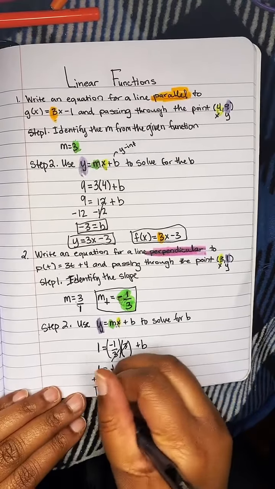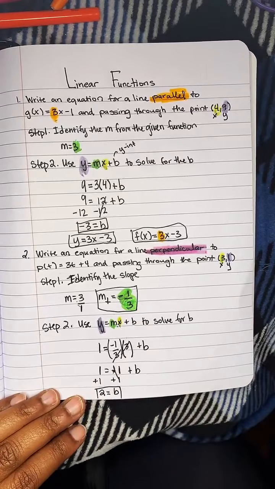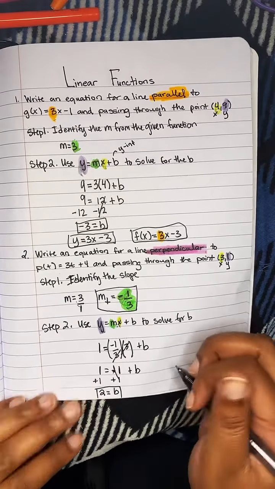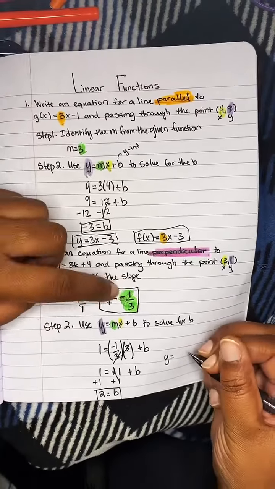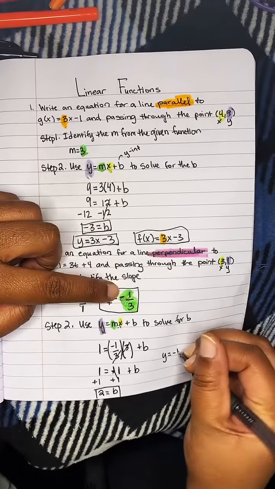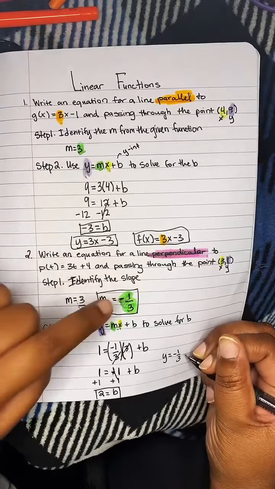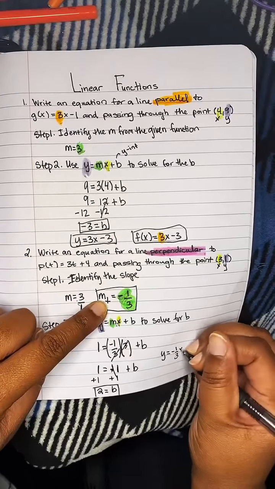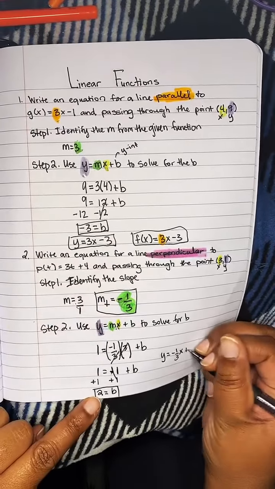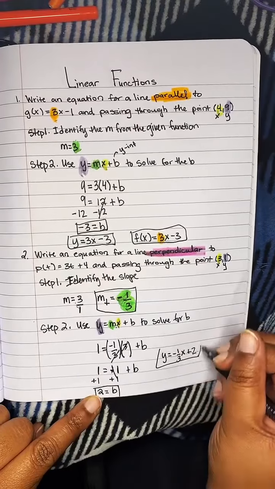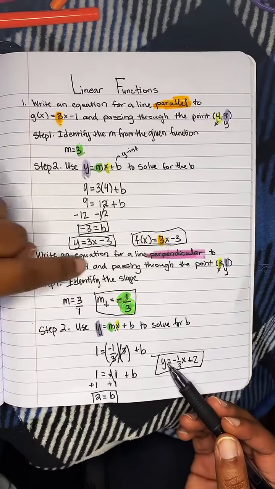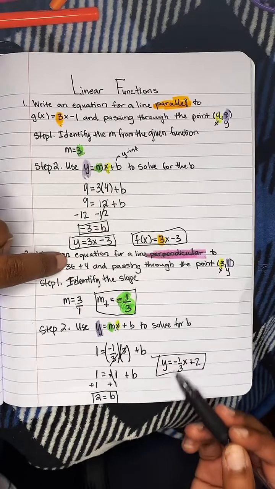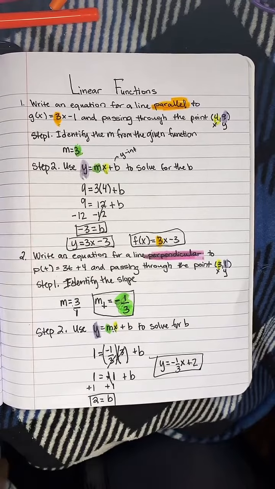So now we have our b and we have our m. How do we write our equation? Y equals, write that m, -1/3. And what letter always goes next to the m? X plus 2. And this equation is perpendicular to this equation right here. They're perpendicular.